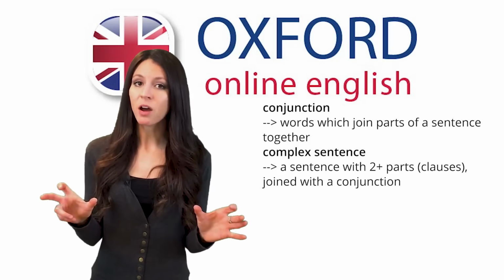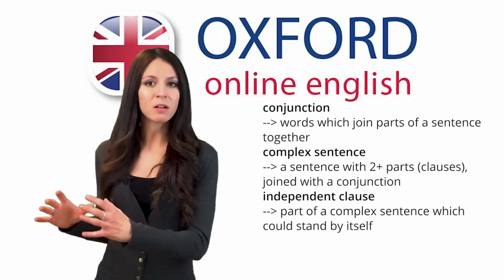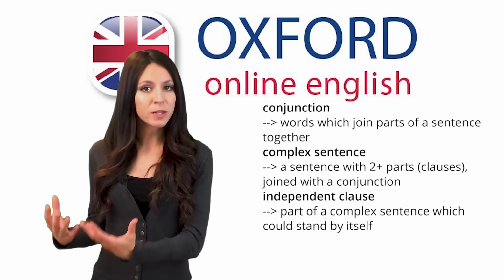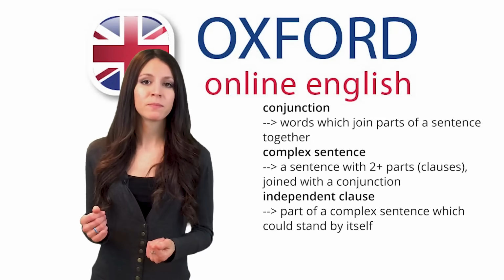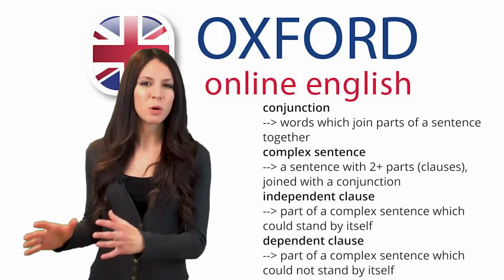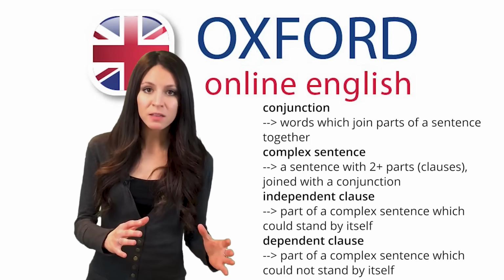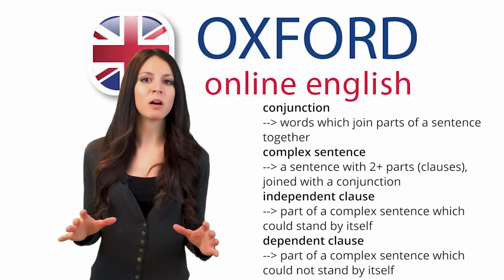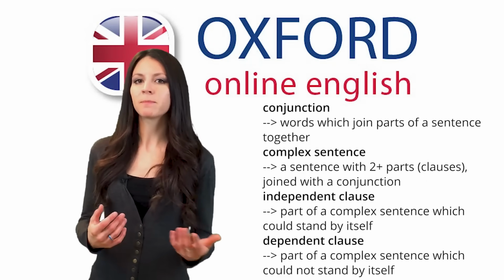These parts are called clauses. An independent clause expresses a complete idea and could stand by itself. A dependent clause wouldn't make sense if it were by itself. A dependent clause depends on an independent clause in the same sentence in order to have meaning.